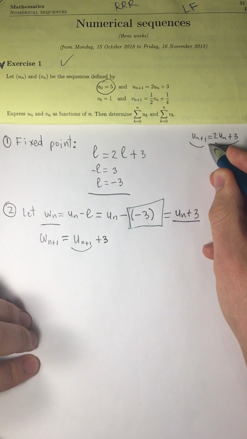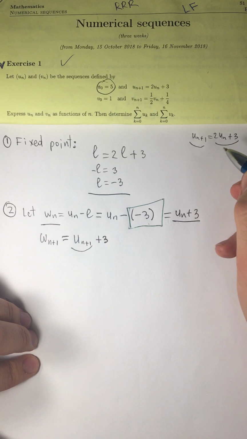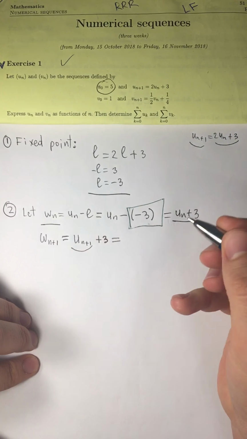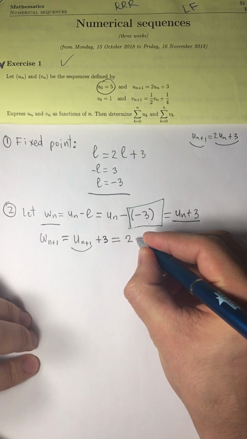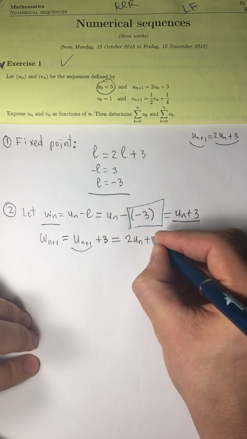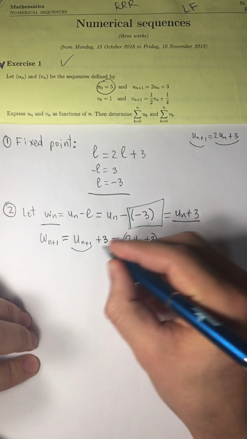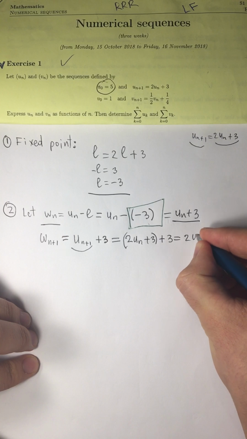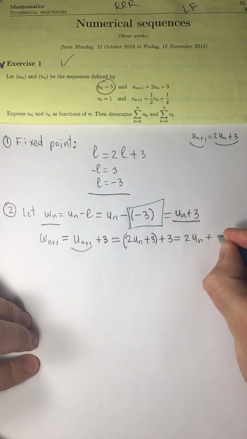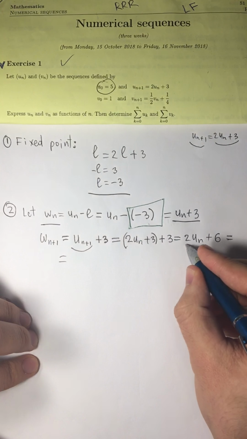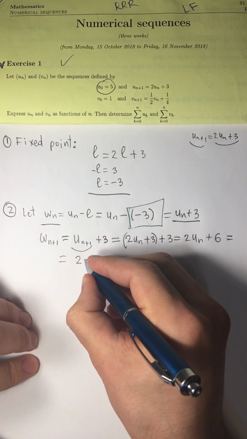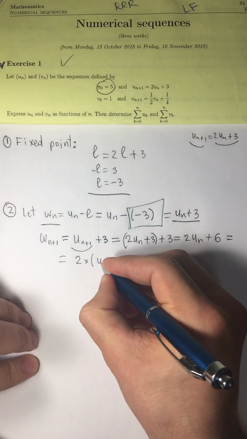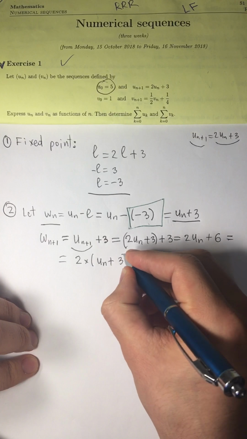So un plus 1 is equal to 2un plus 3. So I'm going to insert it here, and then let's see what happens. 2un plus 3, this is un plus 1, plus 3. And I continue. 2un plus 3 plus 3 is 6. And this is not where I stop. I can factorize 2. If you factorize 2, we have un plus 3.